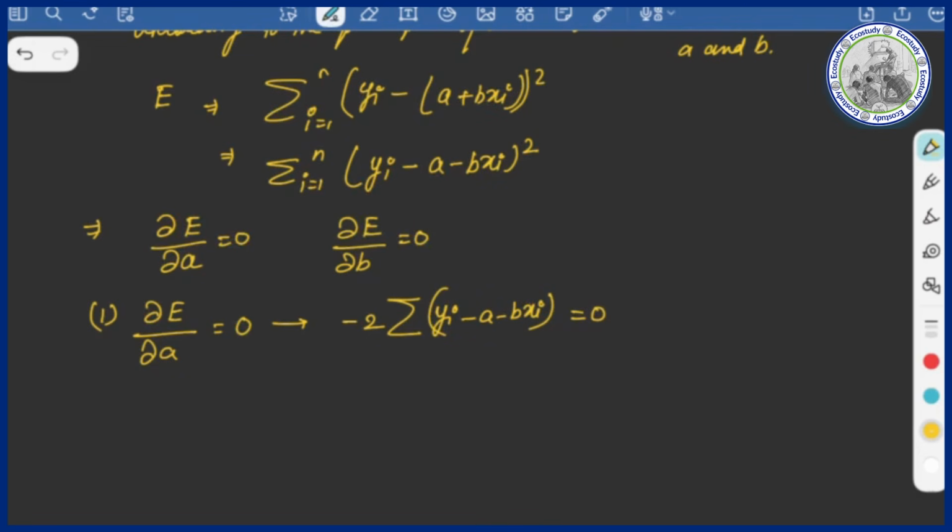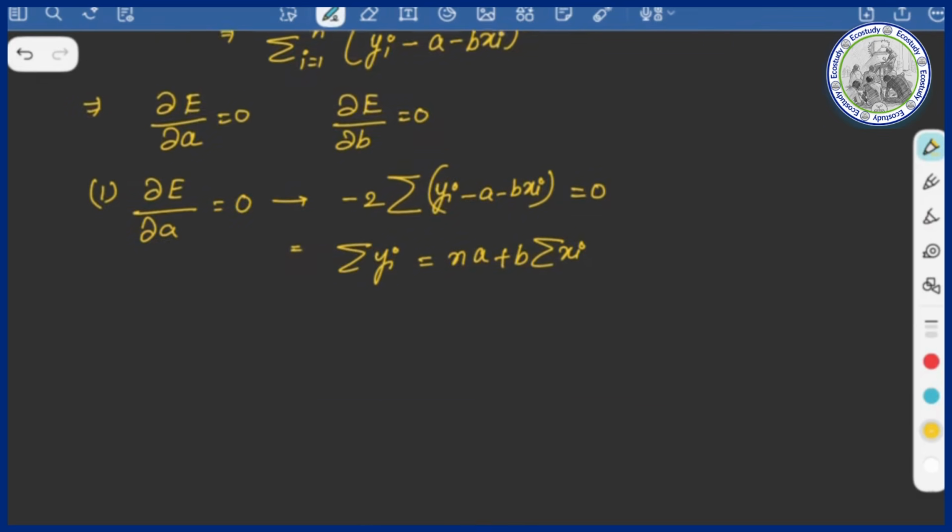Opening the summation and taking terms to the other side, sigma yi is equal to na plus b sigma xi. How? When you have the summation of a, that is equal to na, because a added n times is na, and b is a constant so it stays outside, and the sum goes to sigma xi.